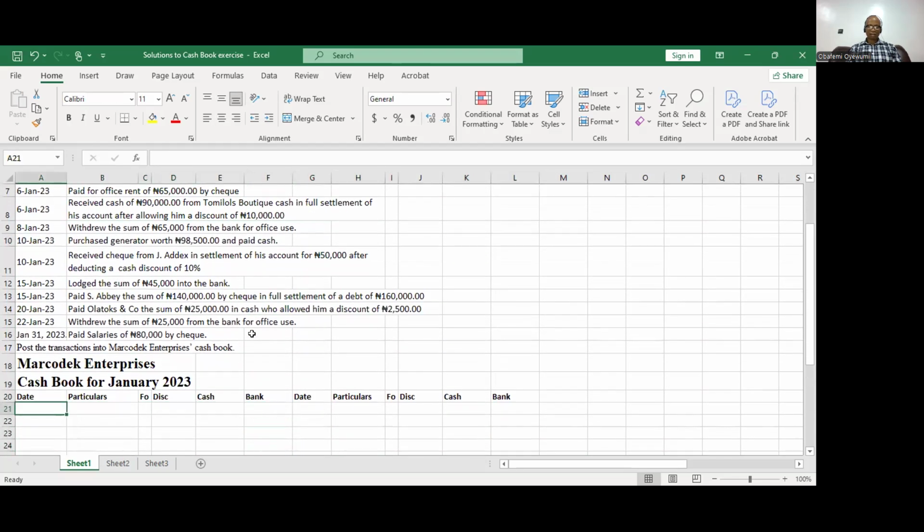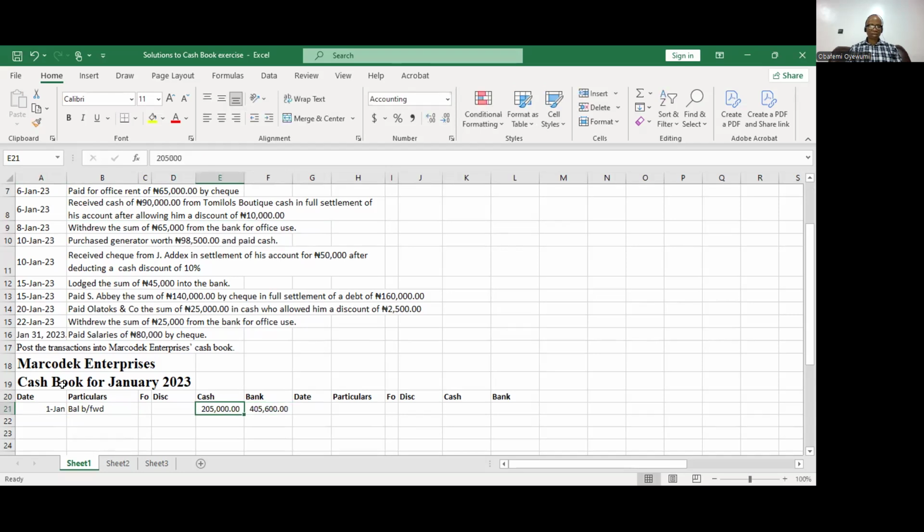So the first thing that you're going to record is the balance brought forward. This happened on the 1st of January. So balance brought forward: in the cash column, you have 205,000, and then in the bank column, you have 405,600.